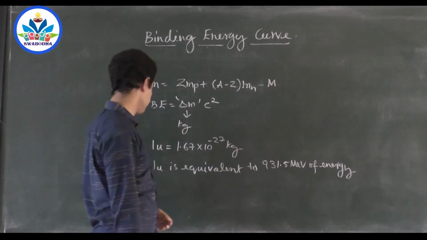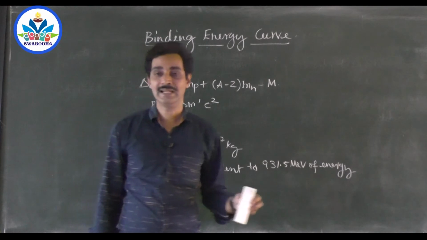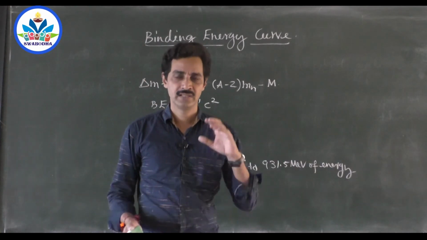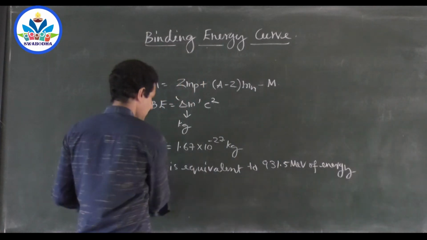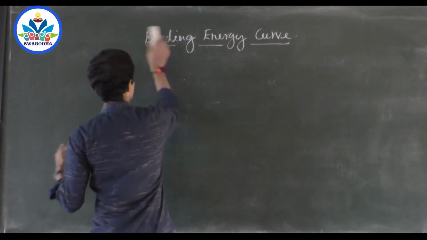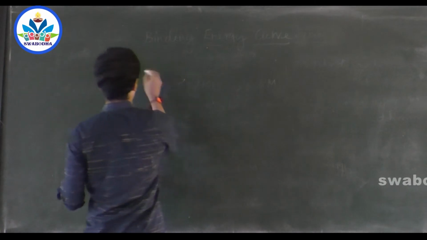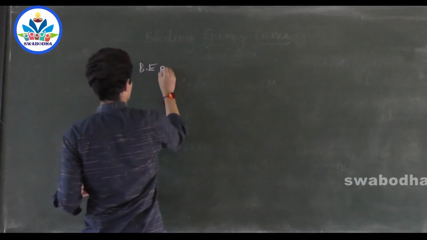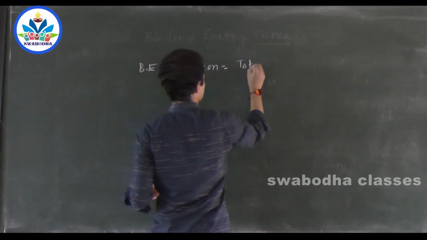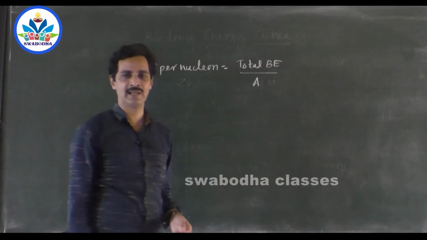Now, if you calculate the total binding energy of any nucleus, that doesn't give you the exact idea of the stability or the strength of the nucleus. To test its stability or strength, you have to check the binding energy per nucleon. So what is binding energy per nucleon? The total binding energy per mass number. How many nucleons share that binding energy inside the nucleus?